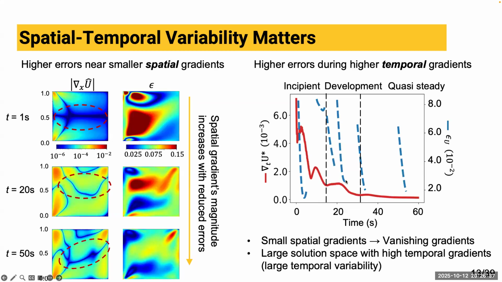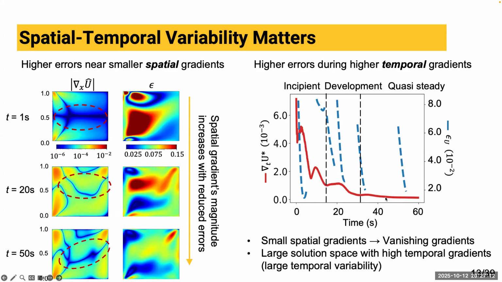And what you can see on the right side is the time derivative of the velocity field. In transient natural convection, the time derivative decreases over time, because at the beginning the change of the temperature field or velocity field is rapid, but at longer times the fields are really saturated, so there's not much change in the fields.